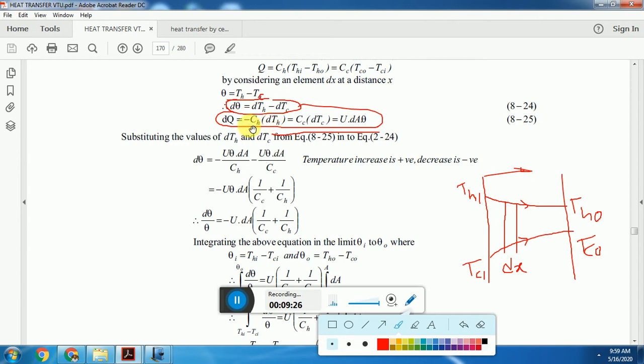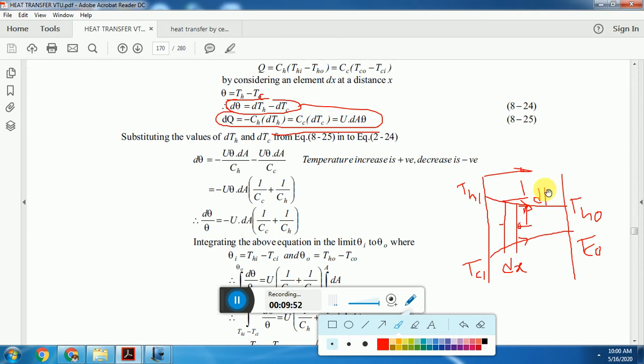We have discussed that Ch is nothing but mass flow rate of hot fluid into specific heat of hot fluid. dTh is the small drop in temperature of this small elemental length which we have taken of dx.